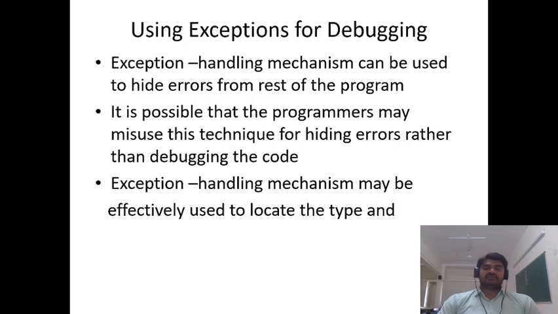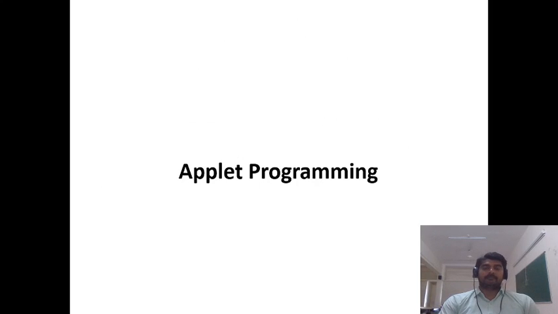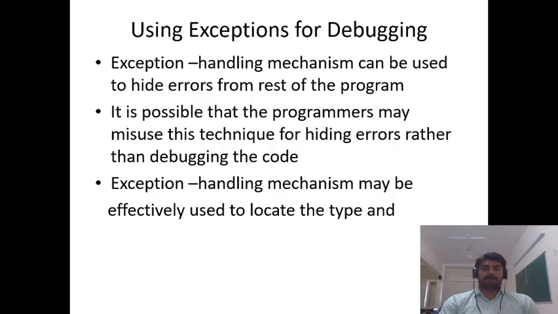The exception handling mechanism may be effectively used to locate the type and so here we will execute a simple program showing how an exception arises and how we can handle the exception.